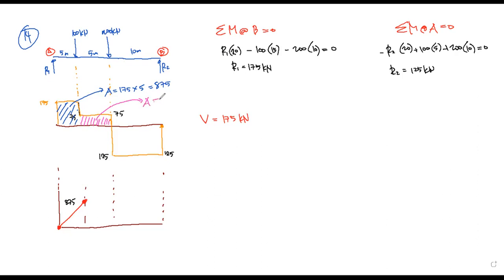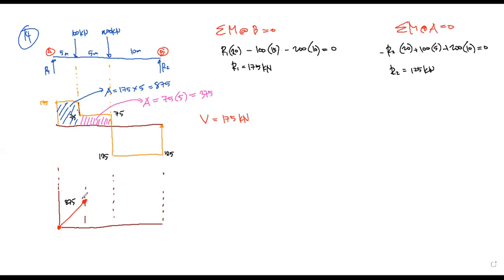So area is 75 multiplied by 5. So that is equal to 375. So you add 375 to the existing value.